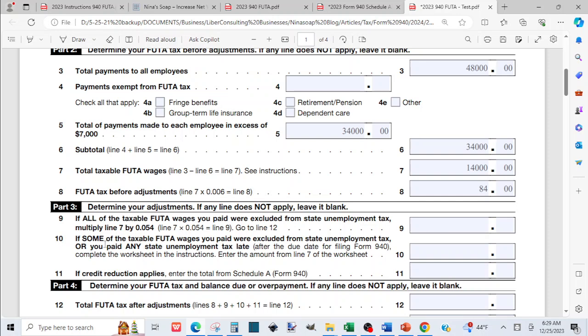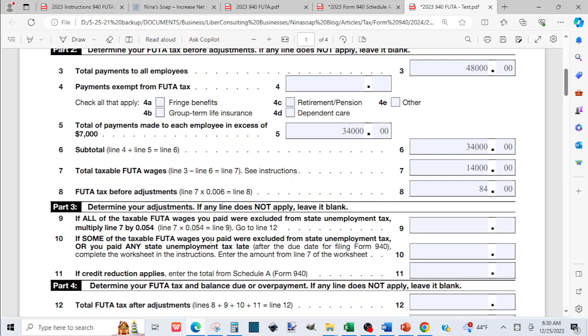So line 10: if some of the taxable FUTA wages you paid were excluded from state unemployment tax, or you pay any state unemployment tax late, you will use the worksheet at the end of Form 940 to figure out the adjustment amount that you have to pay back. It's not going to be the full 5.4%.